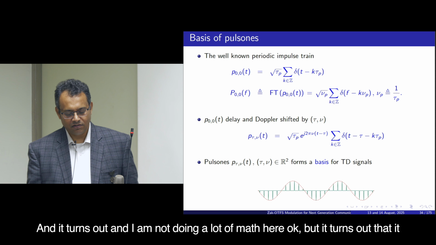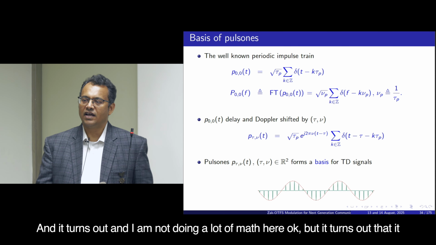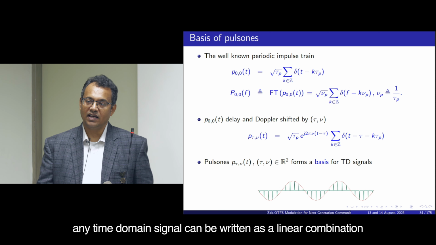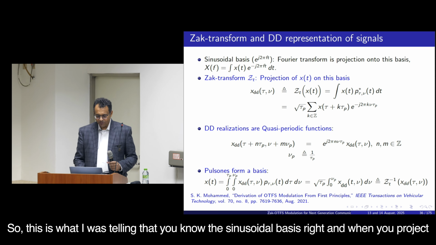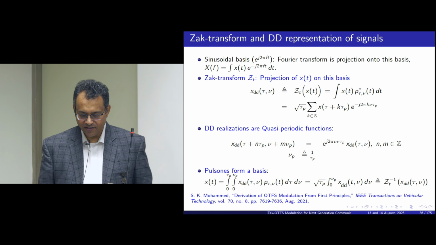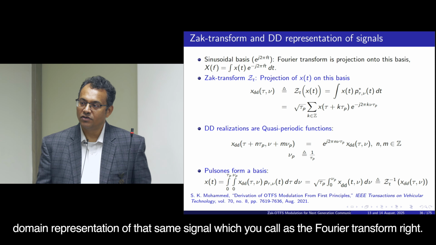And it turns out, and I am not doing a lot of math here, that it forms a basis. What I mean is that any time domain signal can be written as a linear combination of these pulsons. This is what I was telling, that you know the sinusoidal basis, and when you project any time domain signal onto this sinusoidal basis, you get the frequency domain representation of that same signal, which you call the Fourier transform.